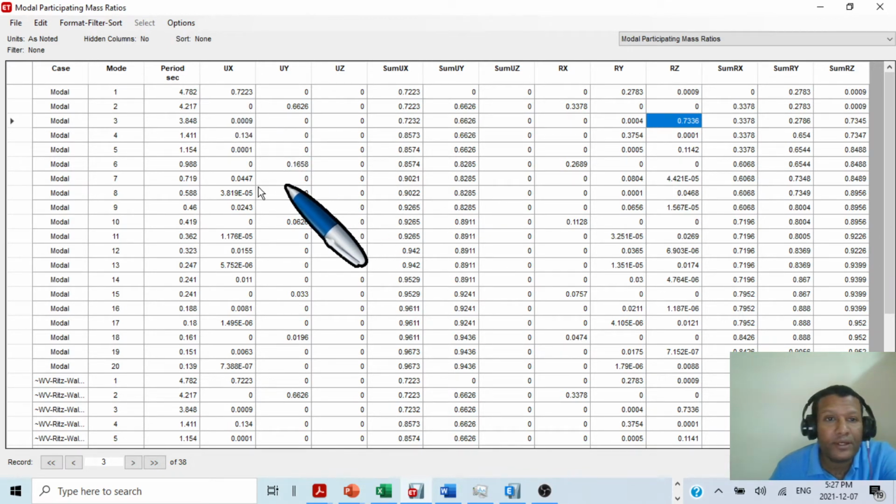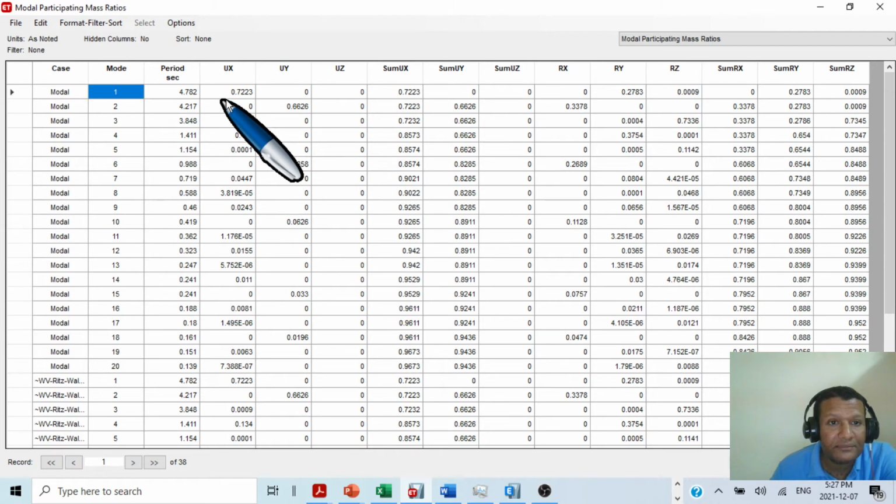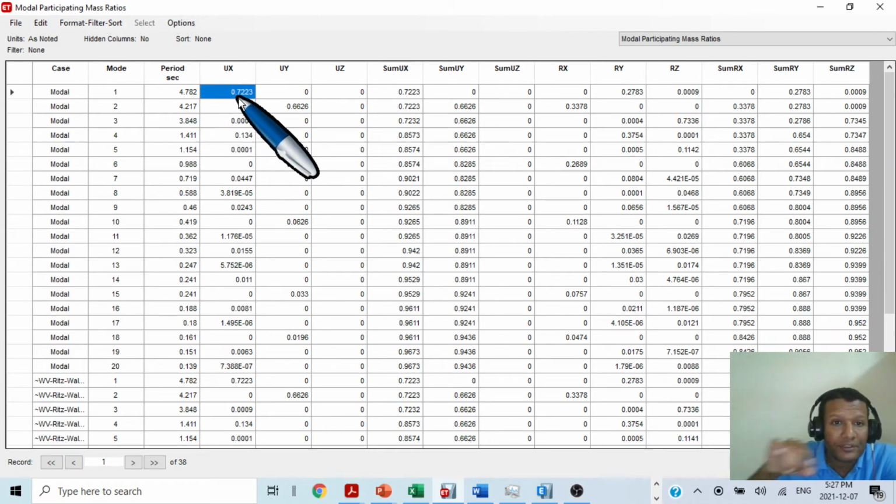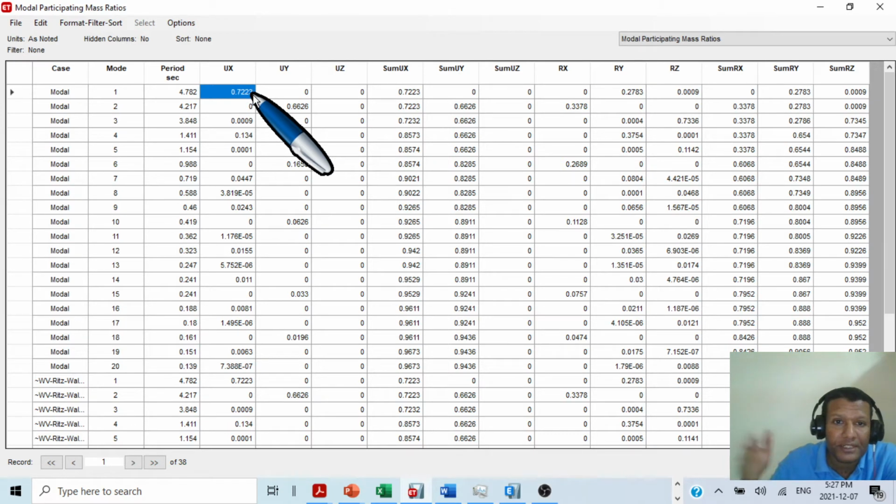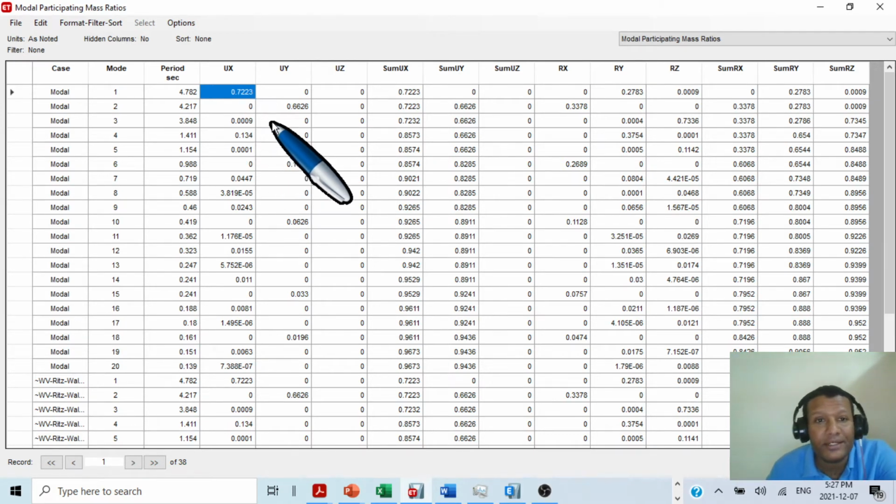But as per software numbering, mode 1 means it is pure translational in the x direction. Our building is purely translational in the x direction, and 72.23% of the mass of our building is participating.